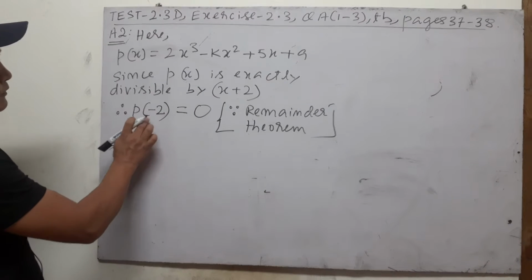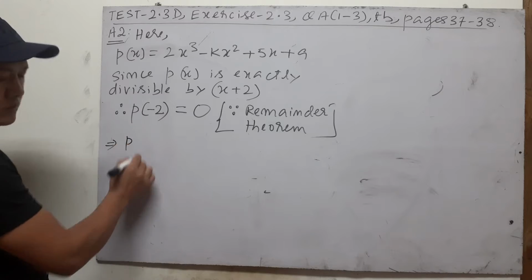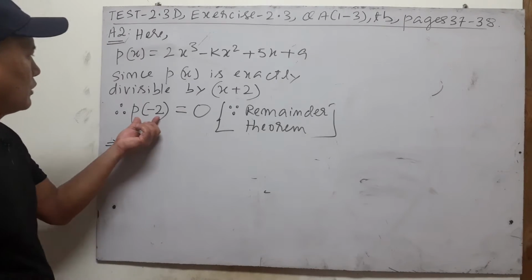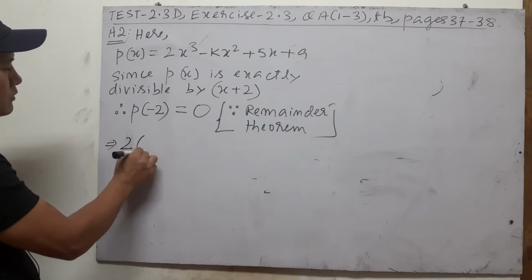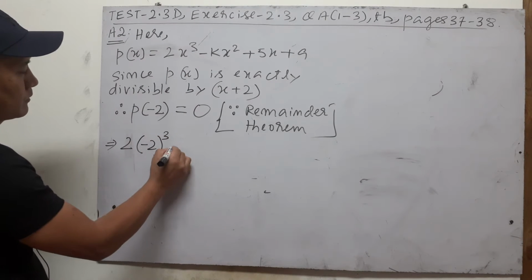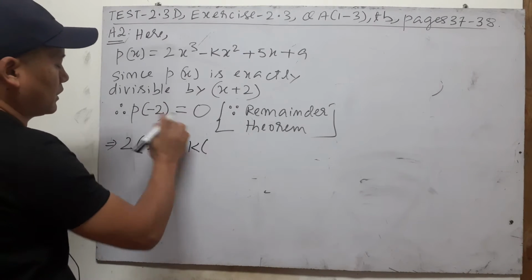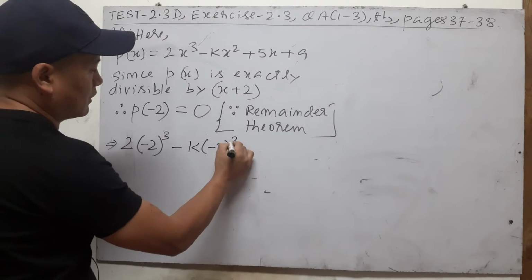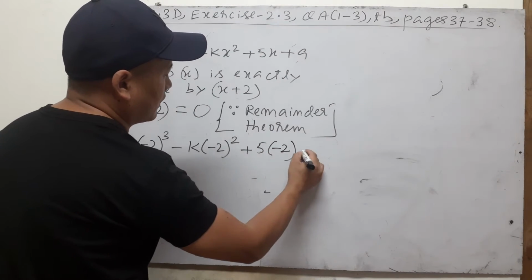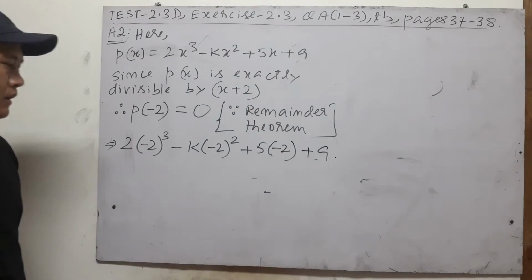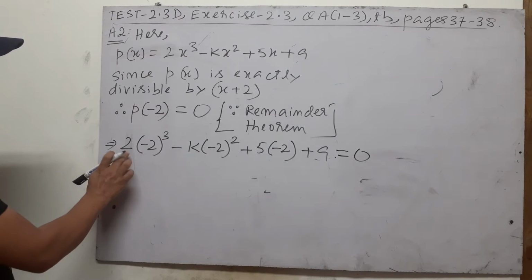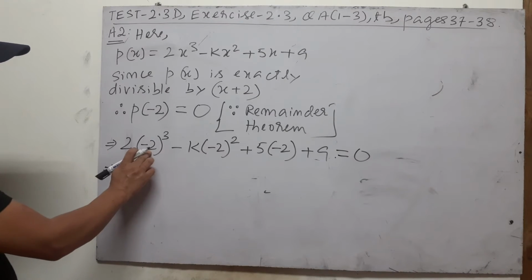That implies p of minus 2 means: 2 into x value, which is now minus 2, so 2 times minus 2 whole cube, minus k into minus 2 the whole thing squared, plus 5 into minus 2, plus 9, will be equal to 0. Then you continue solving, keeping the k and solving with the inside ones.